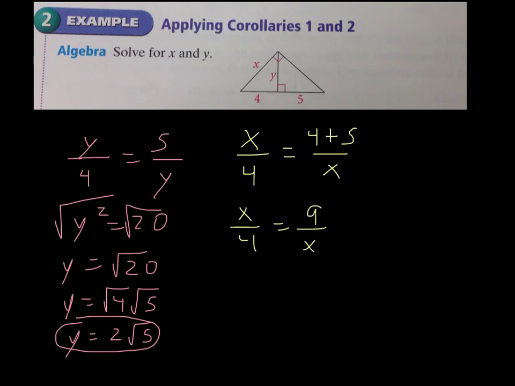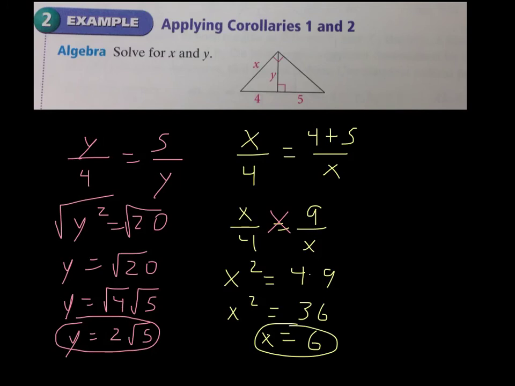Again, doing cross products, we get x squared equaling 4 times 9. So x squared equals 36. Take the square root of both sides, and you get x to equal 6. So our two answers for example 2: x equals 6, and y equals 2 times the square root of 5.